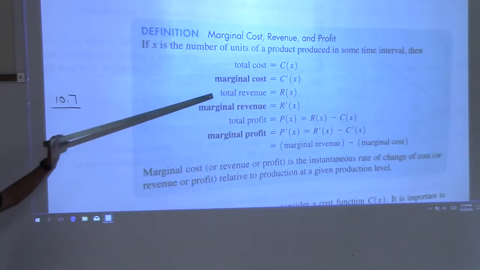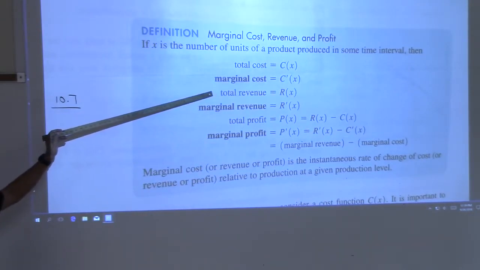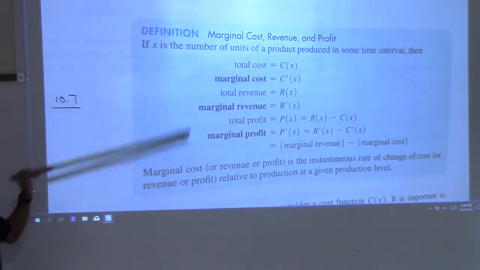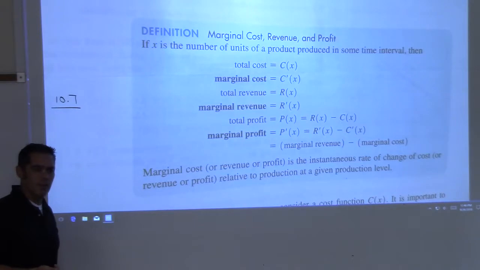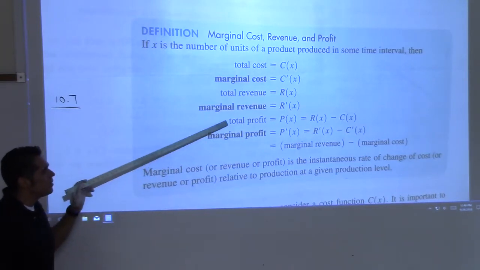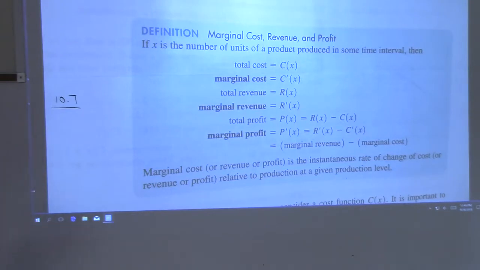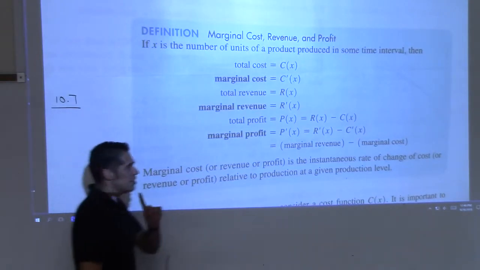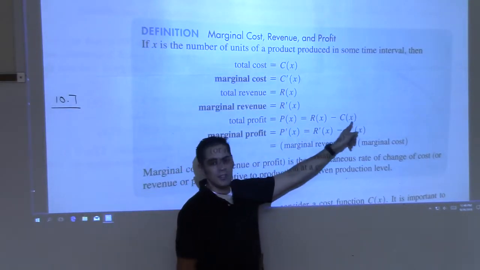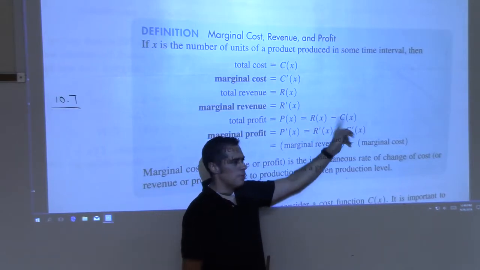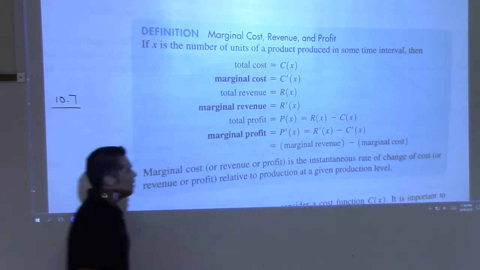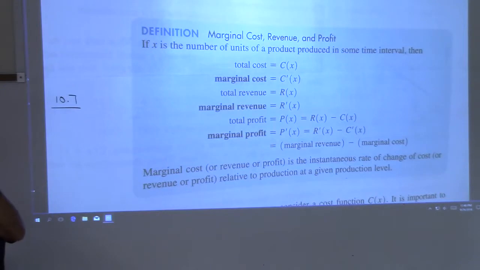Okay, and then we had in 1324 our revenue function, okay? Now, a new definition, the marginal revenue, which is the derivative of the revenue function. And then same thing with profit. We have our profit function, capital P of X, and now we have this new definition, marginal profit. And just remember, I did mention this in class, profit is revenue minus cost, right? That's one of the big formulas from 1324. All right, so 3 new definitions: marginal cost, marginal profit, marginal revenue.